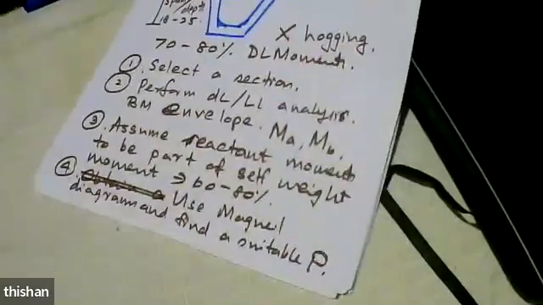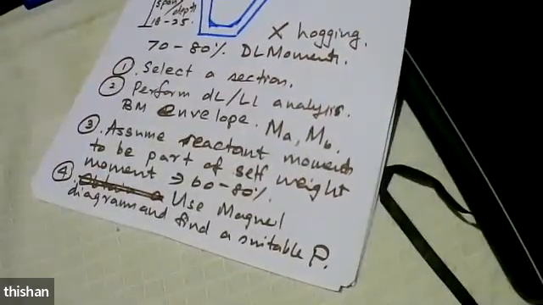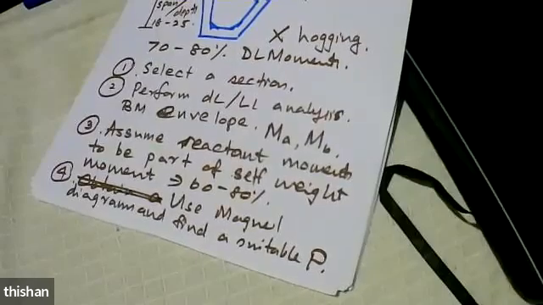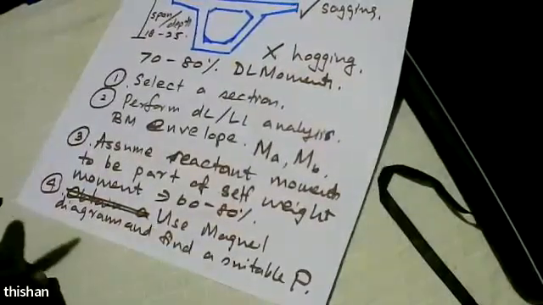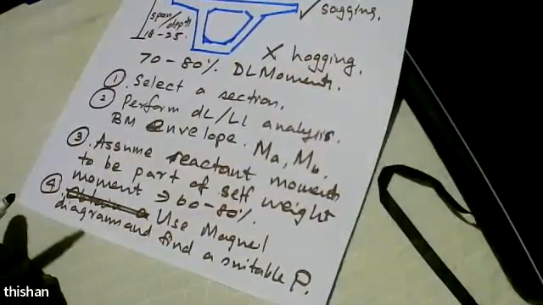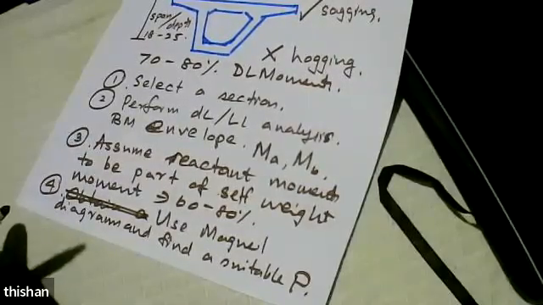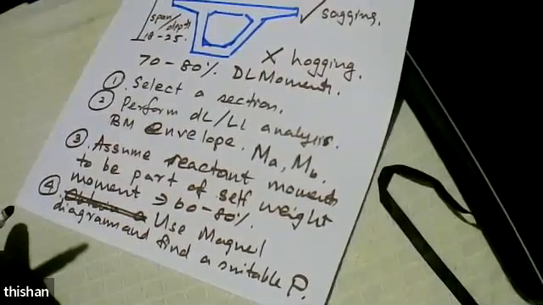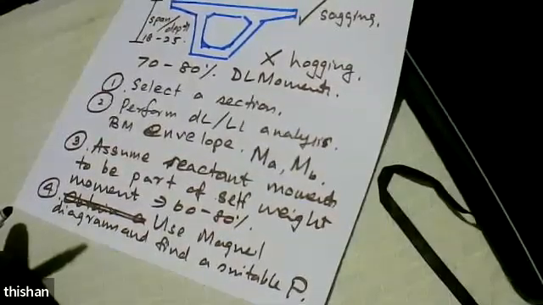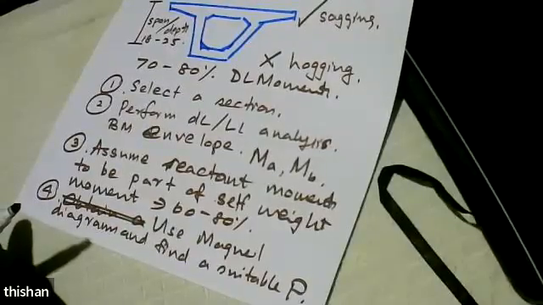Select a suitable P. So what we do is, once you select the section, you know the dead weight of the section, and you can analyze it as a beam because the section is torsionally very stiff, so you can apply all the loads, ignoring torsion, and get the total bending moment just by analyzing the beam.